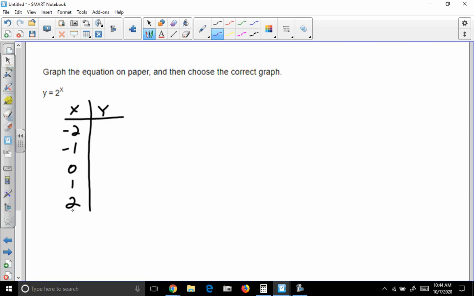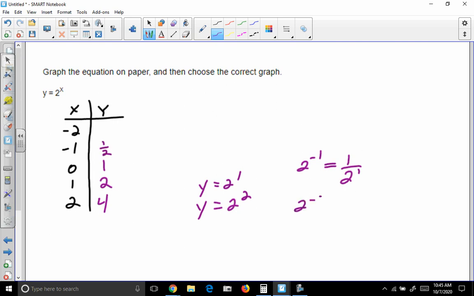So if we plug a 2 in, we would have y equals 2 to the second. Well, 2 to the second, 2 times 2 is 4. If we put in a 1, we would have y equals 2 to the first, which is 2. 2 to the 0 is 1. If we put a negative 1 in, 2 to the negative 1 is the same thing as 1 over 2 to the first, so 1/2. 2 to the negative 2 is the same thing as 1 over 2 squared, or 1/4.